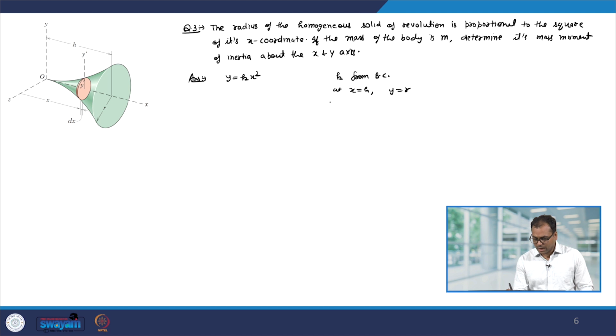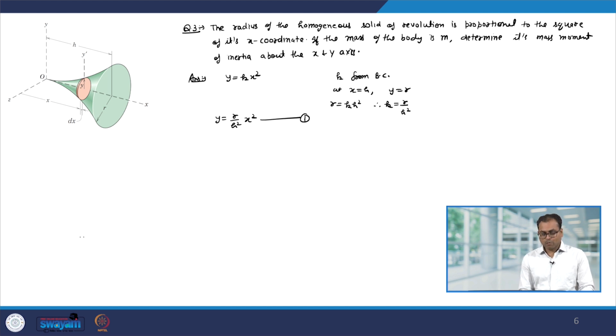So, we have r equal to k h square, therefore, k is equal to r over h square. So, if I put it over here, then I get y equal to r over h square x square. Let us call this equation number 1. This tells me how y varies as a function of x.